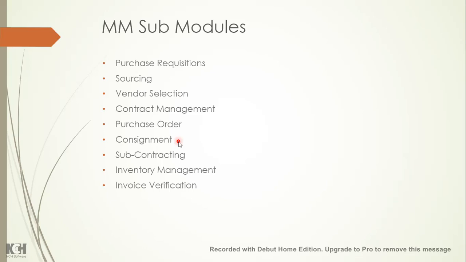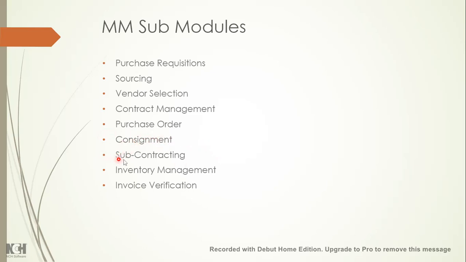Then the vendor will issue you the invoice and you pay the vendor. Until that time, although the stock will be within your premise, it is not owned by you, and that's why it is called consignment stock. So you learn how this consignment stock is configured and how the accounting entry happens here.